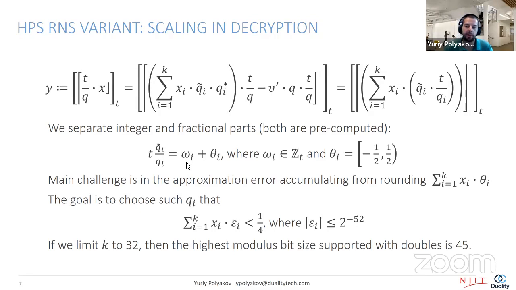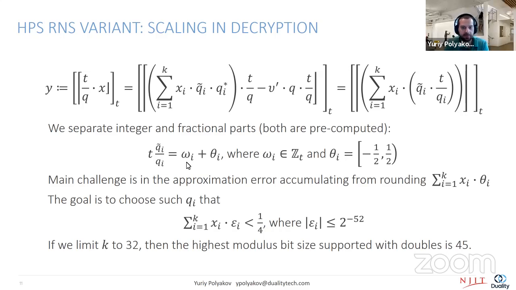The challenge is related to the approximation error accumulating from rounding, from performing the part that deals with the floating point part. Maybe just before I explain this further, did this answer your question? Because this is just one example. Yeah. Okay, and there will be another example afterwards.